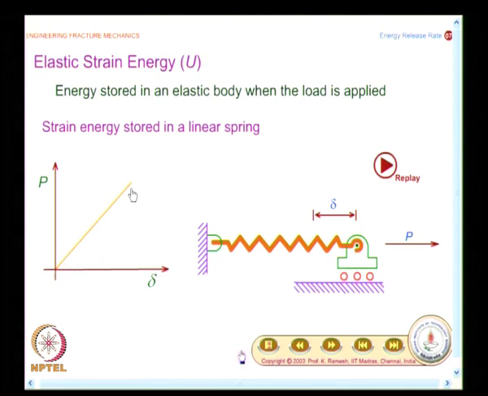This is very important, and the deflection of the spring is delta when P is applied gradually. So, the area under the curve is the energy that is stored within the spring, you all know about it. Because P is applied gradually, you find elastic strain energy U equal to 1/2 of P into delta.